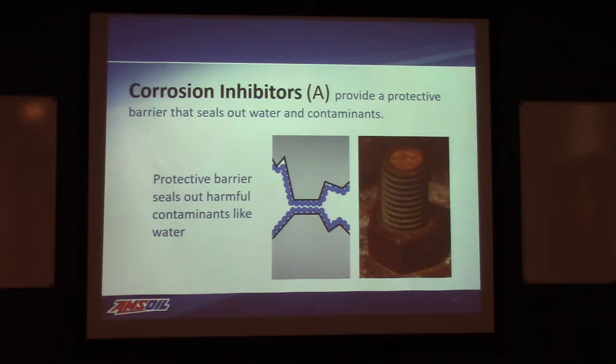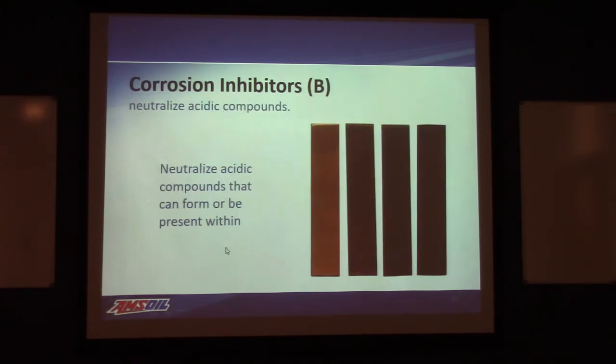They're just additives that have affinity to the surface. They go in there and they kind of cover everything. The other type of corrosion is basically when we're dealing with acid neutralization. You'll want something alkaline in that oil to neutralize acids in there.